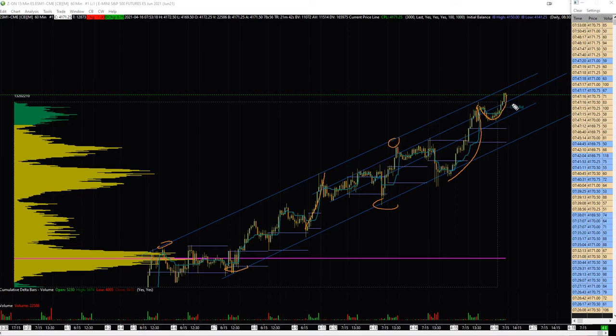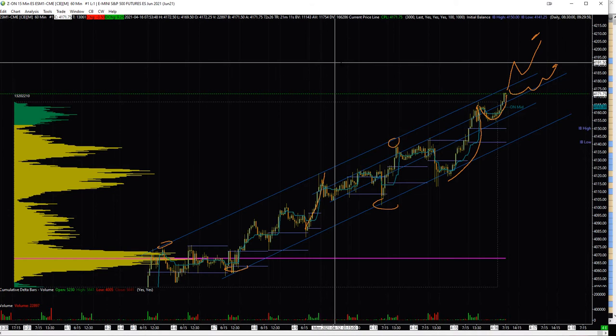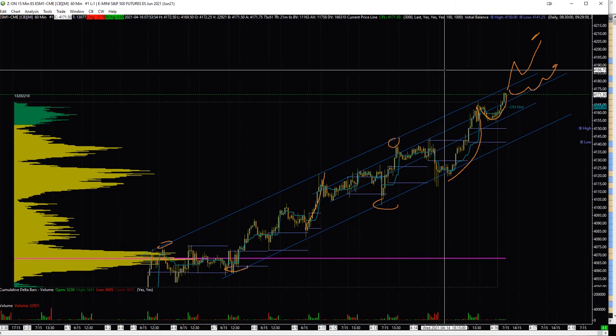My first scenario, I expect that we will have a bullish bias in the overnight. We will either go for the channel and continue higher, or we will grind in such a way to around 190, 192.